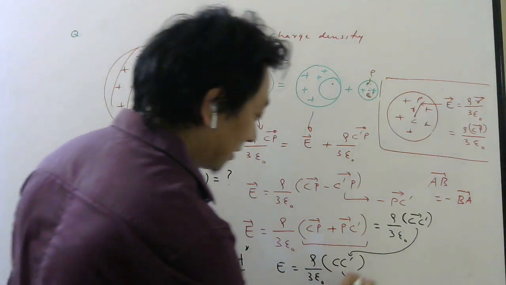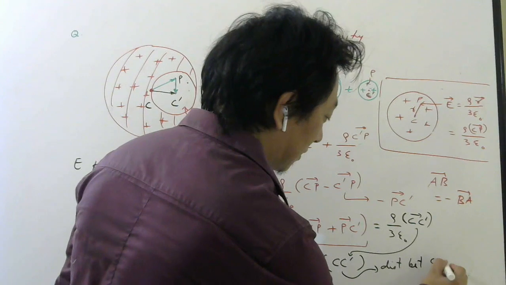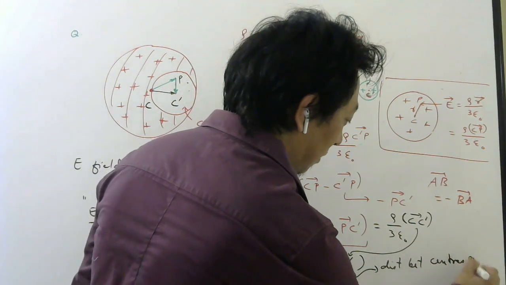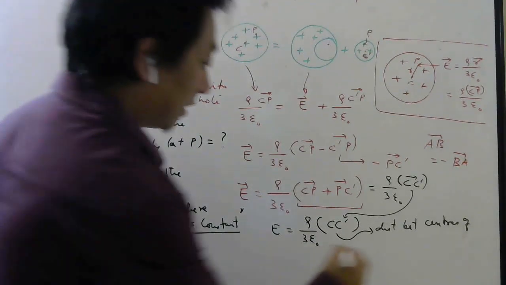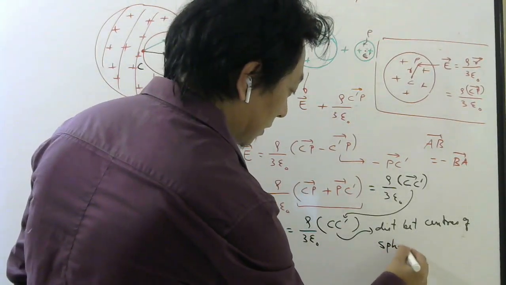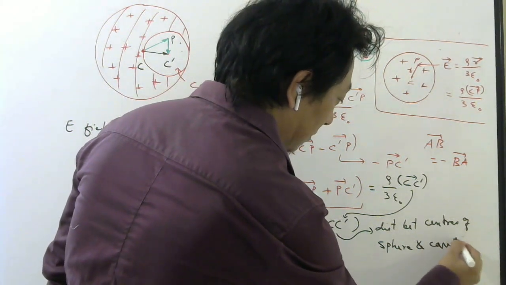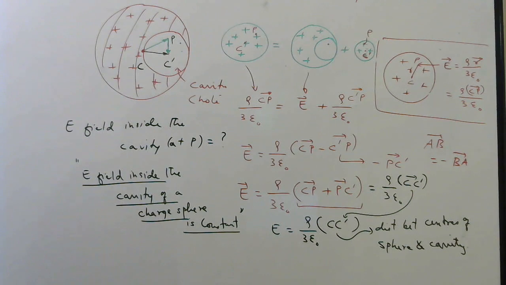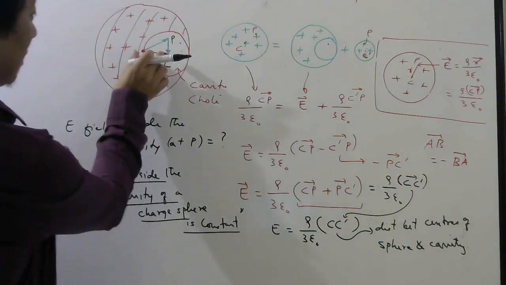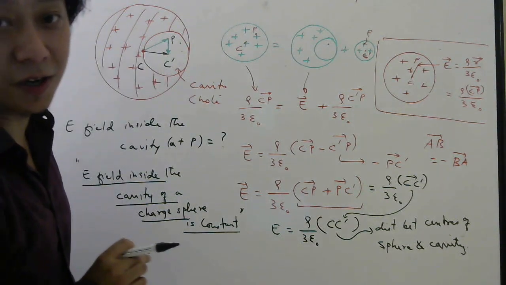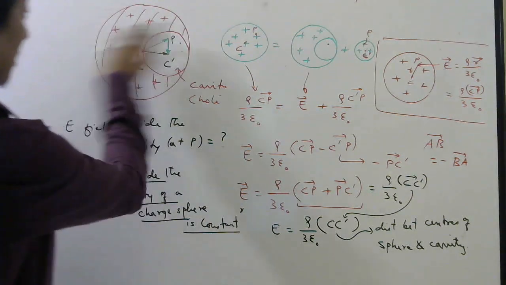So this distance is the distance between centers of sphere and cavity. Make sure you remember this. It doesn't depend on which point you want; no matter which point, only this distance is important. And direction will be along the CC dash vector.